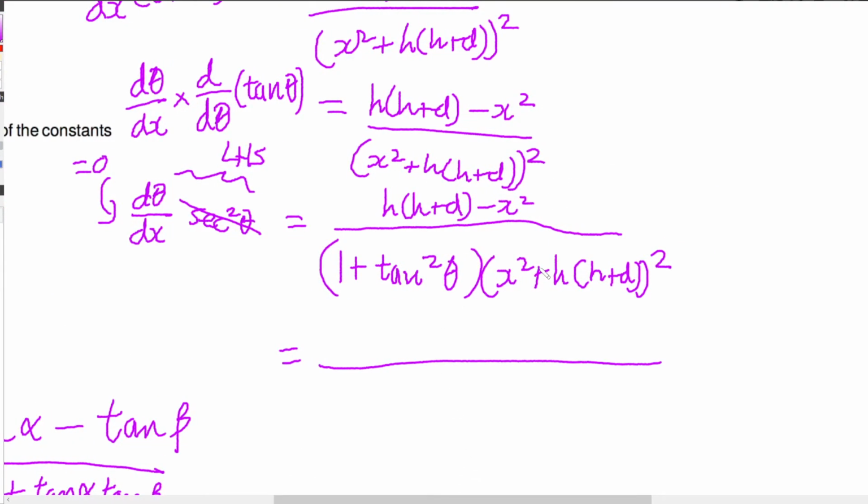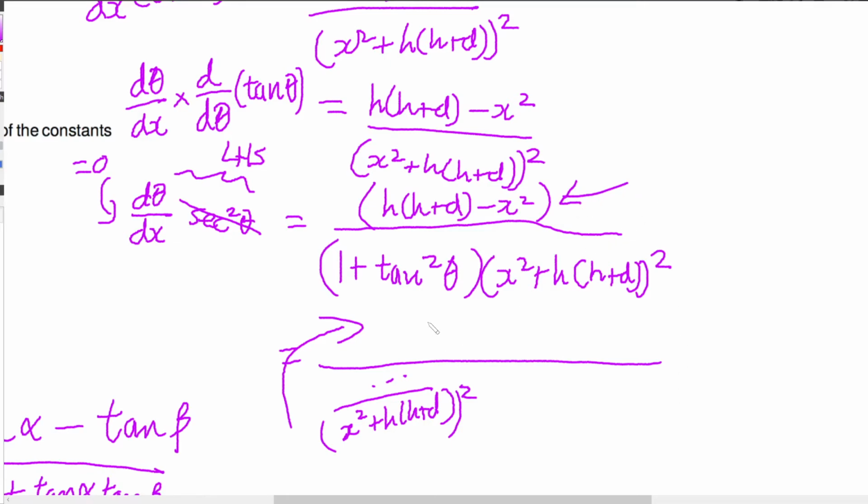So the denominator here would be something over x squared plus h times h plus d, and that would move this factor, or this factor squared, up to the numerator. But if the numerator times this expression were equal to 0, the only expression that could possibly have a real x and still be equal to 0 is the original numerator.